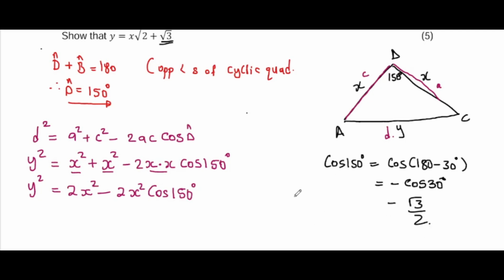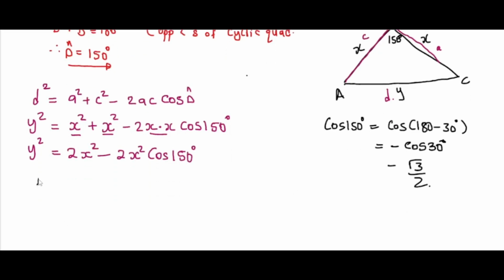Let's substitute that. We get y squared equals 2x squared minus 2x squared into the bracket, the cos of 150, which we reduced to negative root 3 over 2.